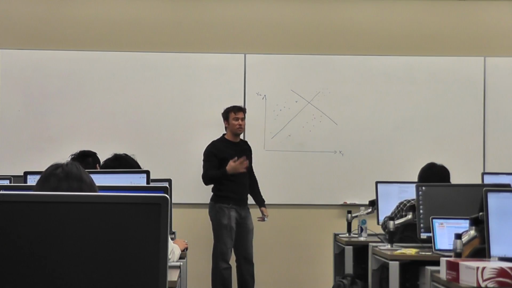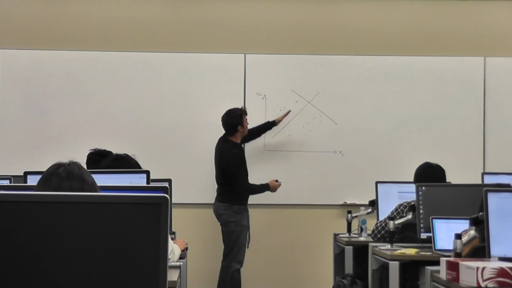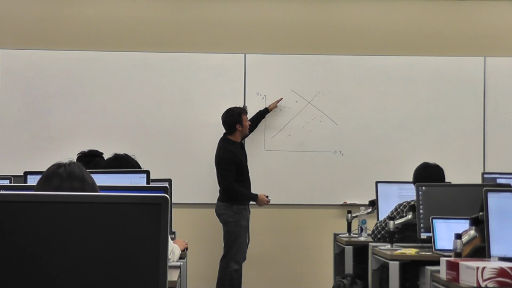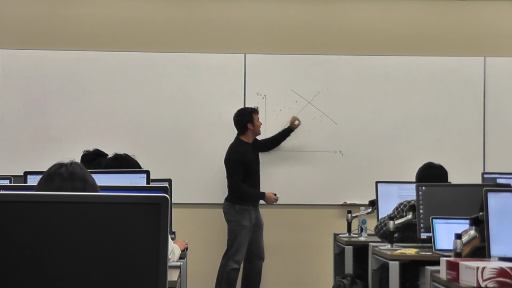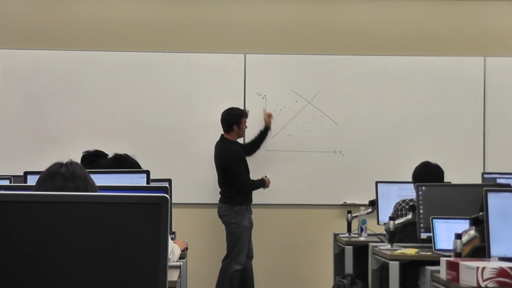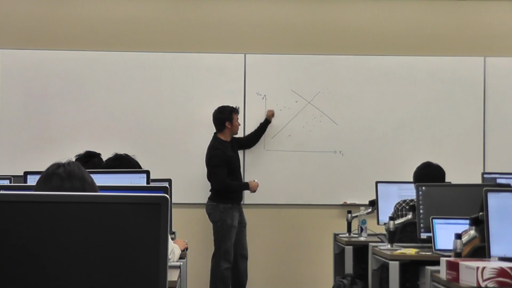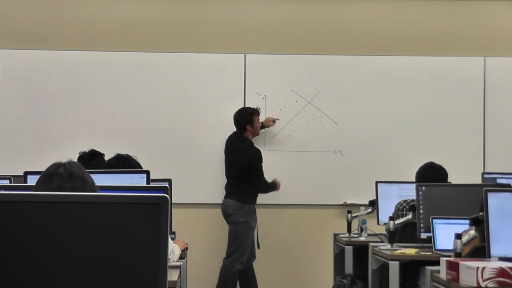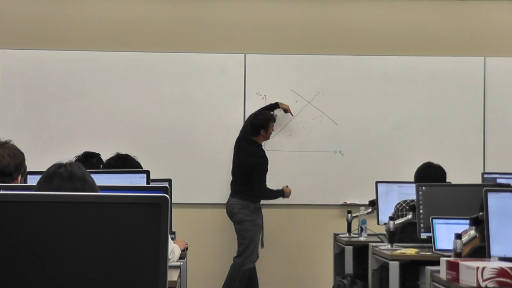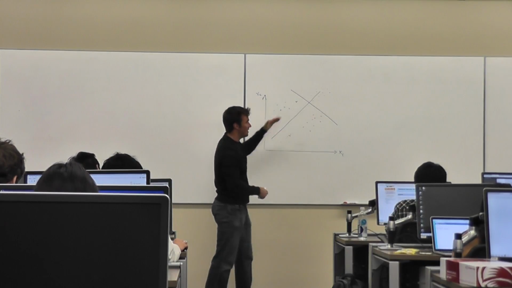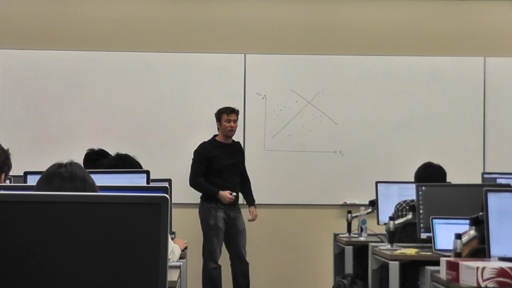And you end up with a bunch of hyperplanes by saying, all right, is it on this side? If it's on this side of this plane, and if it's on this side of this plane, then you know it's green. If it's on this side of that plane, and if it's on this side of this plane, then it must be red. And so you can classify that way.